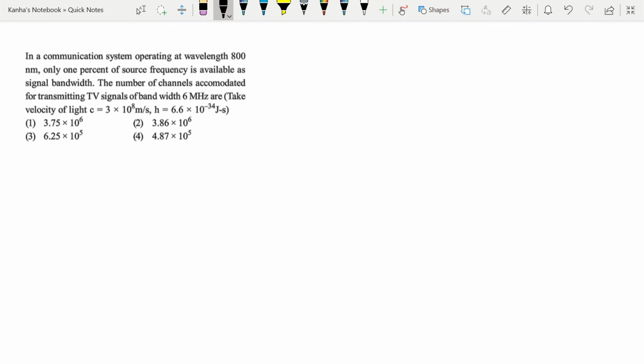Now you know that lambda is given, so you can easily find the frequency.